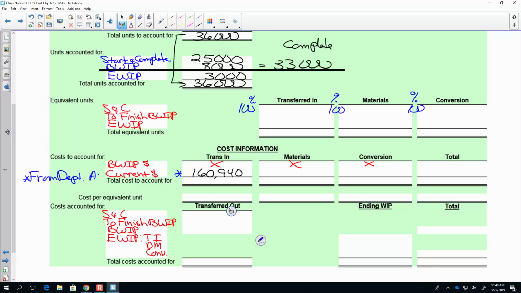How much transferred in to finish our beginning units did we do this period? 100%. Beginning units were 50% done, right? So 50%. It's actually 100% for the first one. 0. 100% below for the ending units.